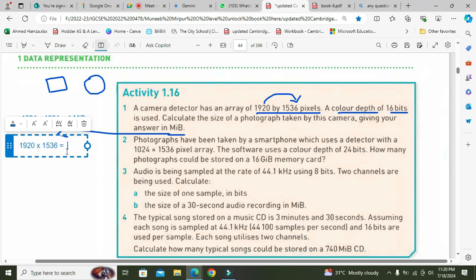Okay, now I'm talking about this. First of all, we need to multiply. The camera detector has an array of 1920 by 1536 pixels. So what's the answer? 2949120. After multiplying these two, we get this answer.